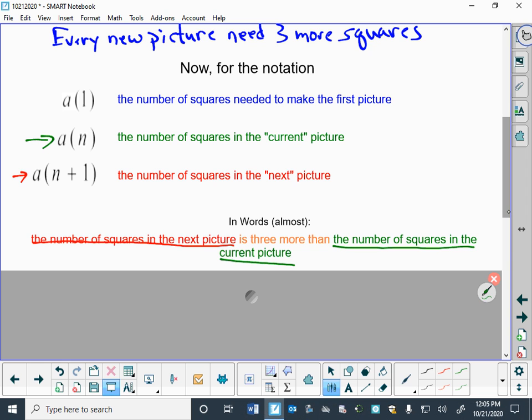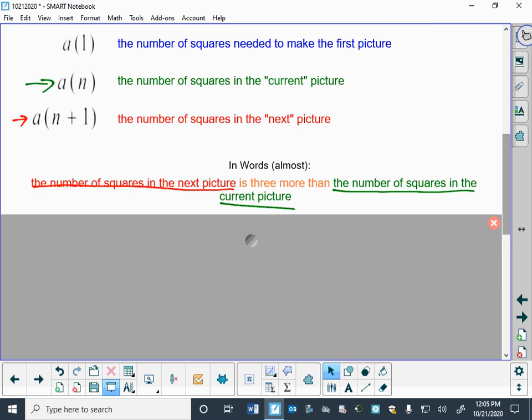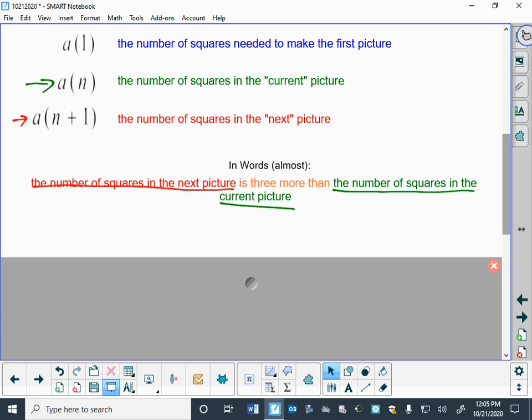Okay. So symbolically, what does that look like if I actually make use of those symbols? Well, it says the number of squares in the next picture is 3 more than the number of squares in the current picture.